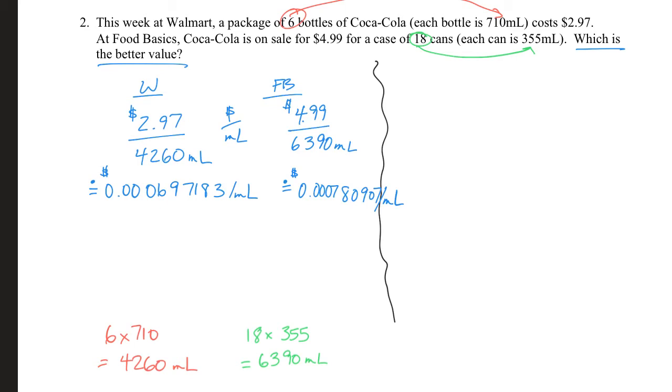So if I compare, I have 0.000 of each, and finally I get to a digit where I can compare. I notice that the Walmart digit in the same place value as the Food Basics digit is a 6 versus a 7. Therefore, my Walmart price is cheaper.